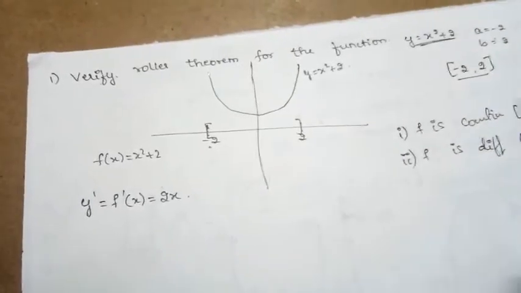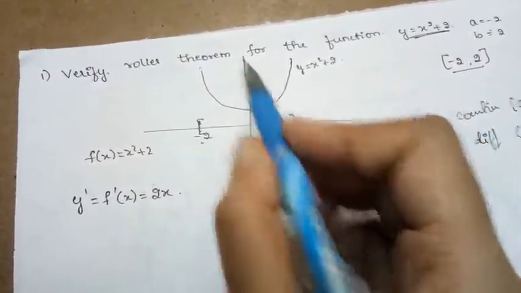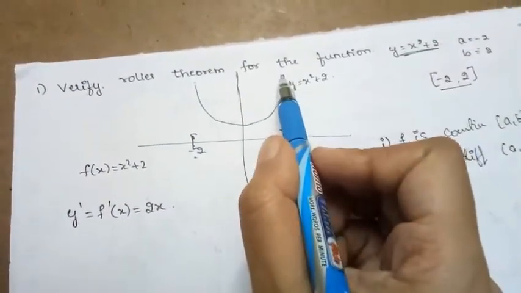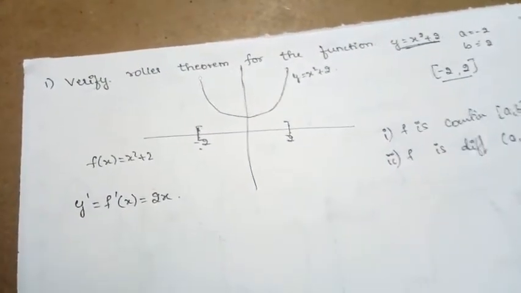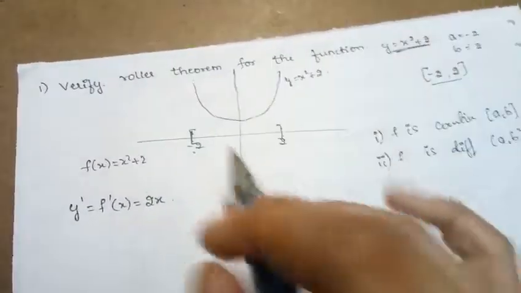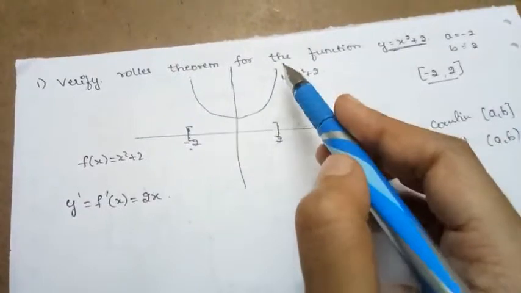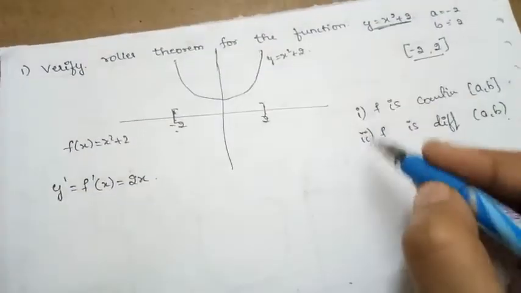So it is differentiable on the interval (minus 2, 2). I can draw the tangent at every point of this curve except at the end points. For the rest of the points I can draw the tangent, because it is a curve and does not have any sharp edges. So this is differentiable.